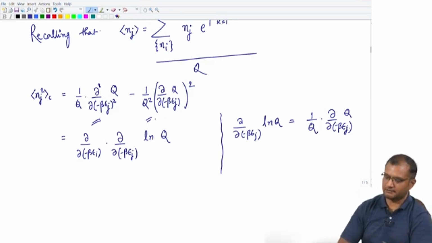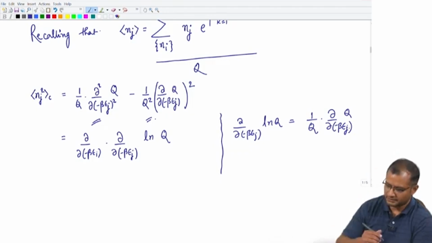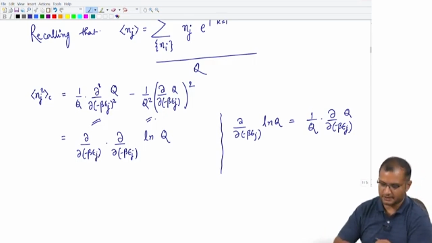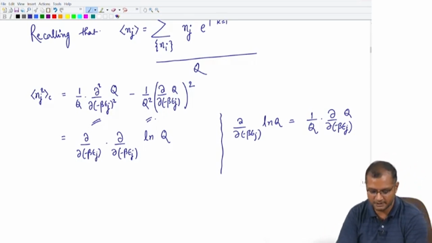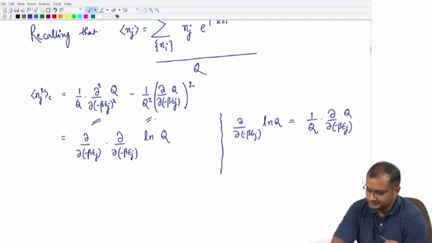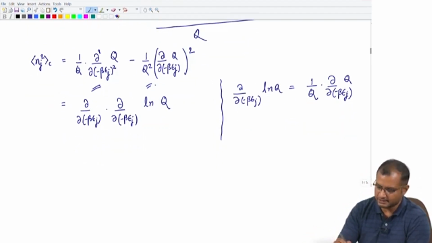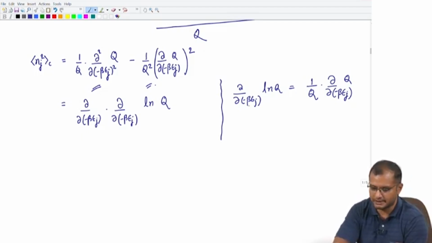So, this is now fine. There is a typo here that I have to correct. These are both the derivative with respect to E j. So, I have corrected that typo. If you take one more derivative here, you will get your right hand side.